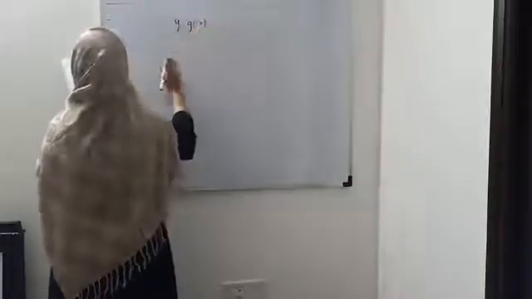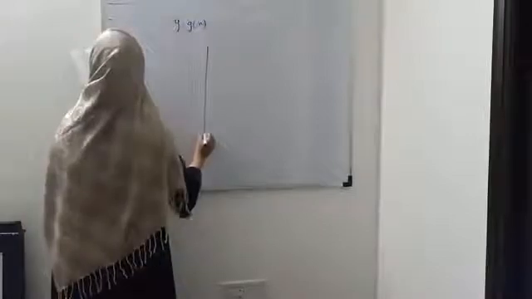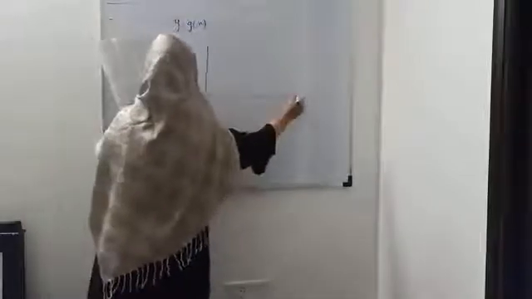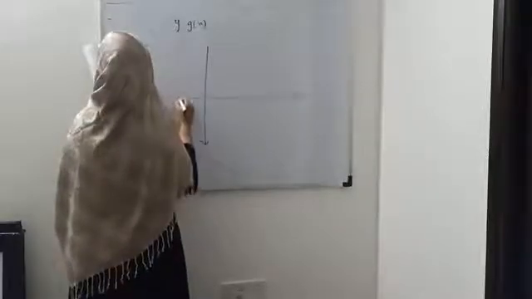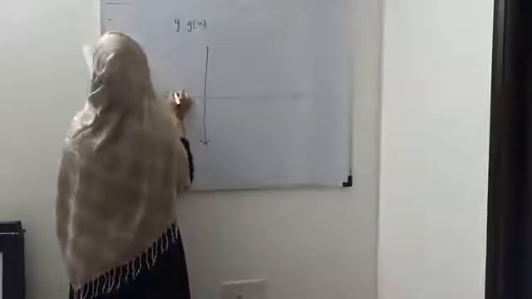Okay, so on page 109, problem number 2: using the graph of y equals g of x. The graph is given in the textbook like this. So this point is minus 4 comma 0.